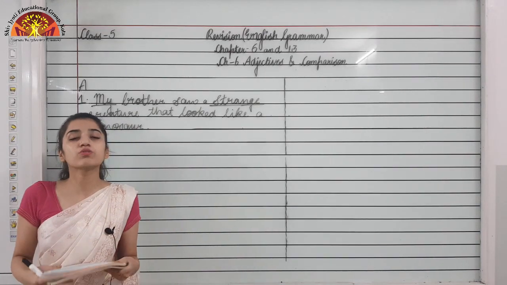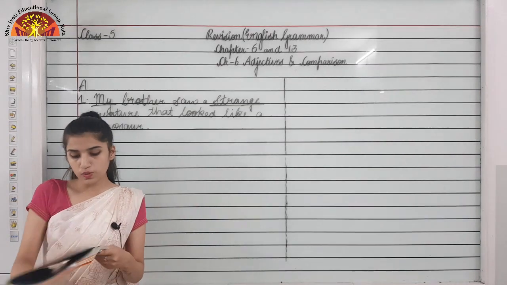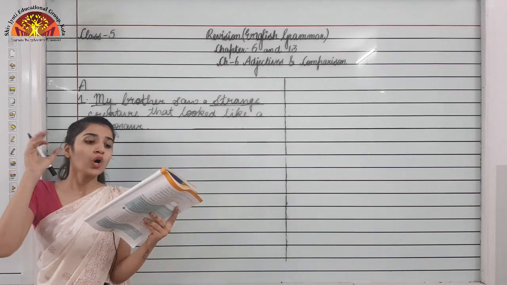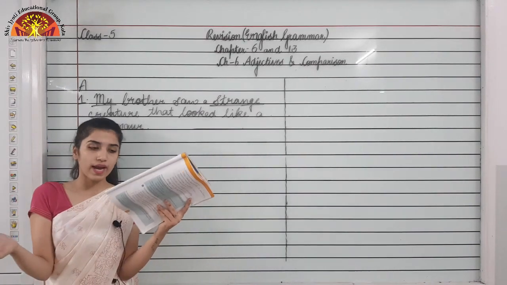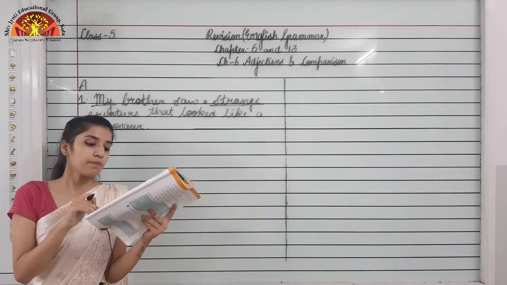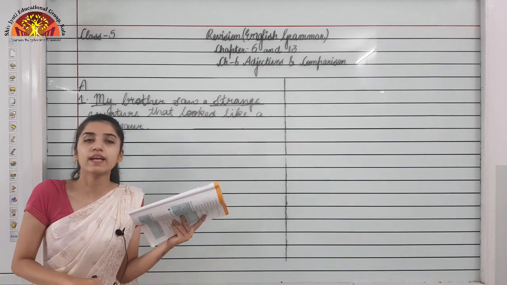Now moving to some more exercises of your book itself. What you have to do is replace the words which are given in red and write the suitable adjective that is given in the box. Sonalika likes to read books that are able to capture her interest.